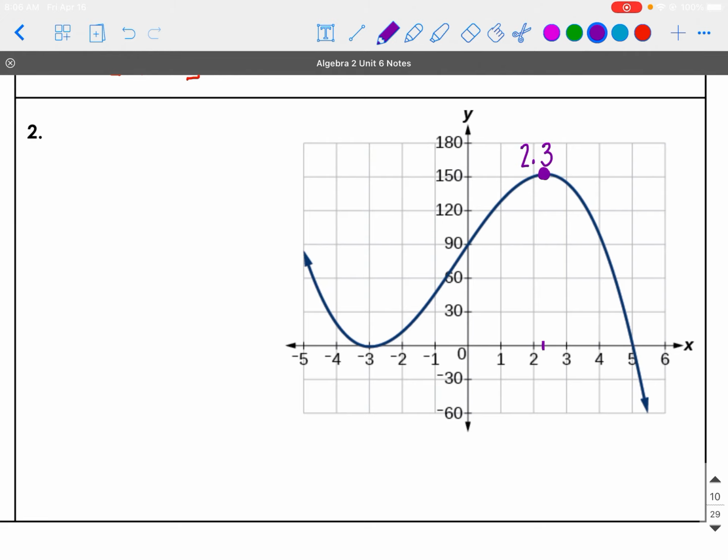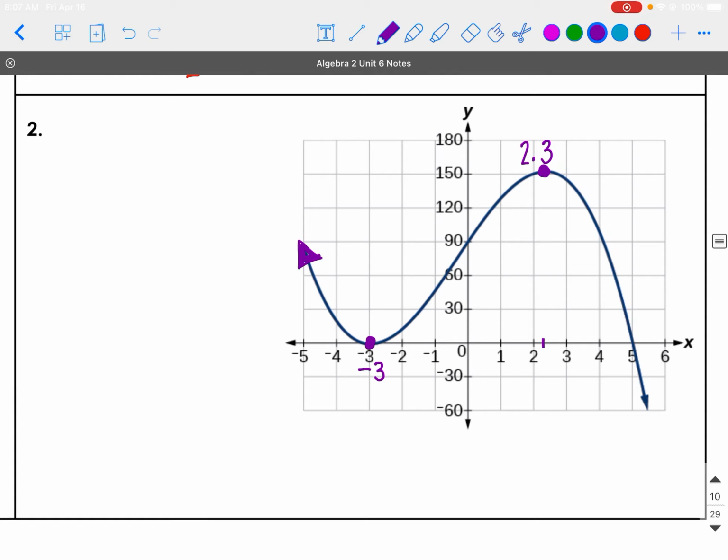Let's say 2.3. We just estimated here. If you actually have the equation, this is where your maximums and minimums come in. You will find those. But we don't have that. We can't type it in the calculator, so we're just going to guess. And then down here at this minimum, that's at -3.